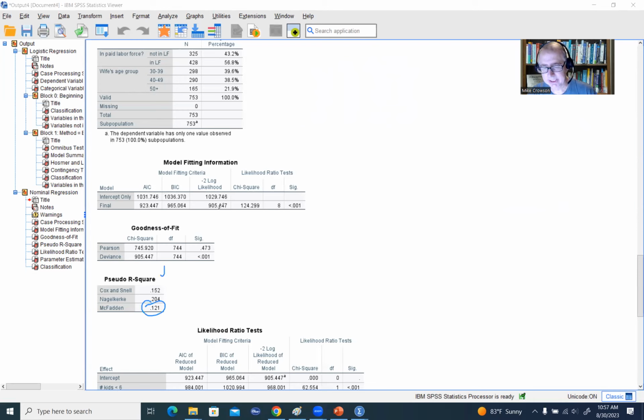McFadden's is basically computed by taking the chi-square difference right here. Basically, it's the difference in those deviances that we had just computed. If we take this chi-square value and place it over the model deviance for the intercept-only model, that provides the McFadden pseudo R-square.